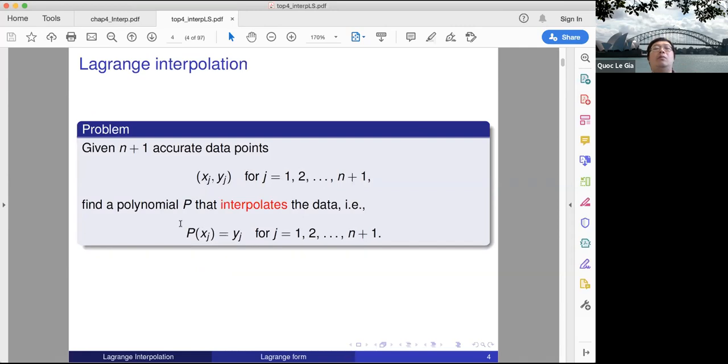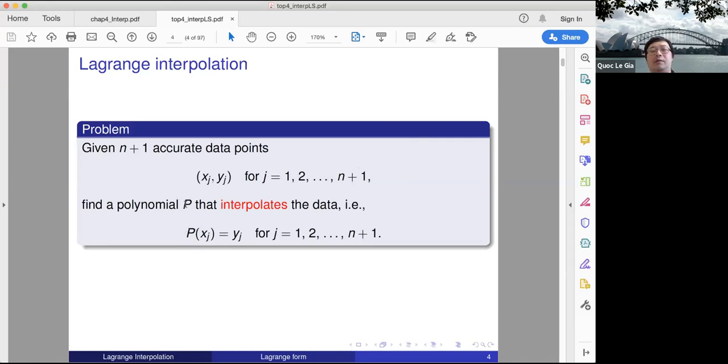Now for the simplest case, we just try to find a polynomial. A polynomial means it is of the form a0 plus a1x plus a2x squared and so on, and it interpolates the data. Remember P is the red curve.